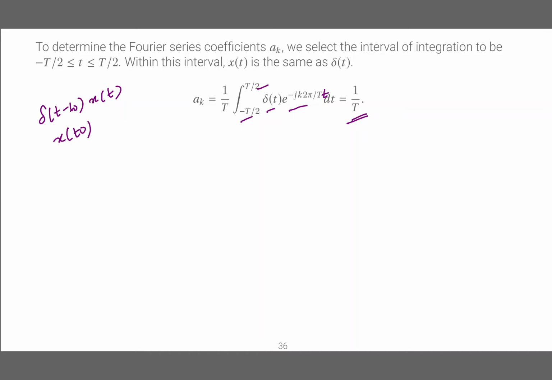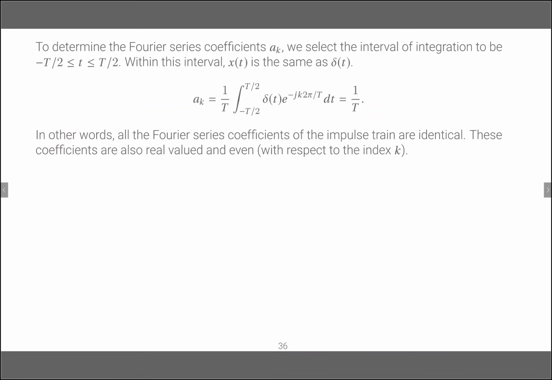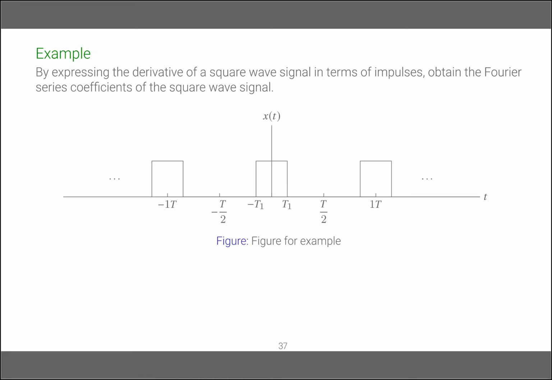So what we are applying is this, ak equals 1 over T integral of T x(t) e to the power of minus j k omega naught t dt, the Fourier series coefficient finding formula. Okay, in other words, the Fourier series coefficients of the impulse train are identical. These coefficients are also real valued and even with respect to the index k. So they are constants 1 over T.